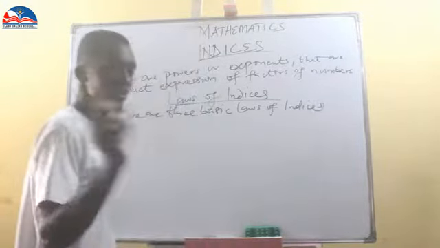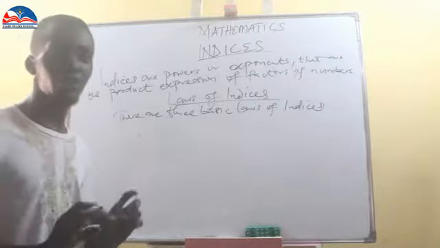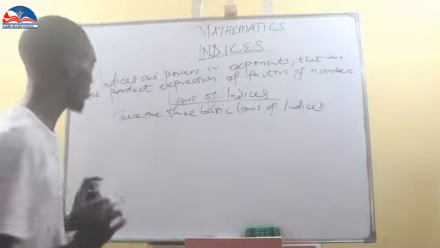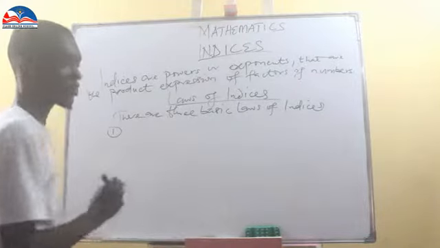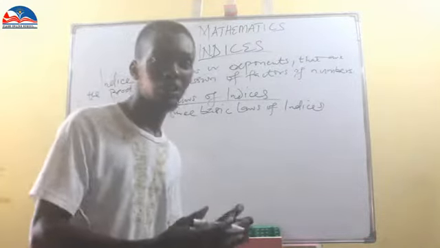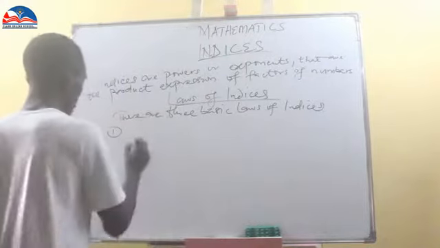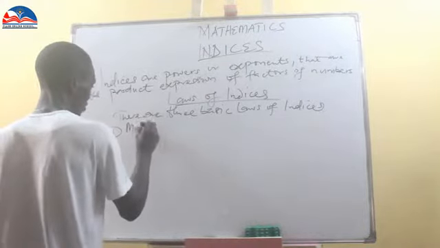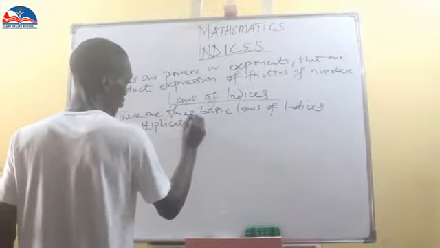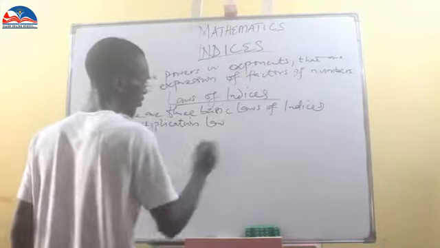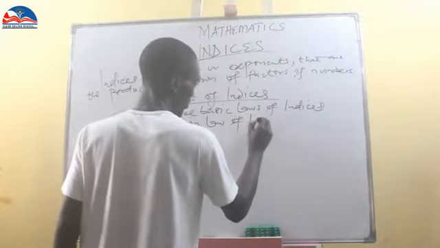There are three basic laws of indices, so we are going to explore these three laws first. Now we have one. One is known as the multiplication law of indices.